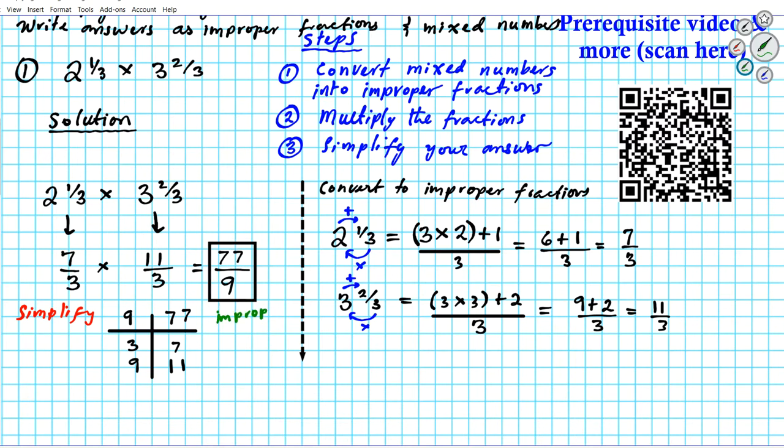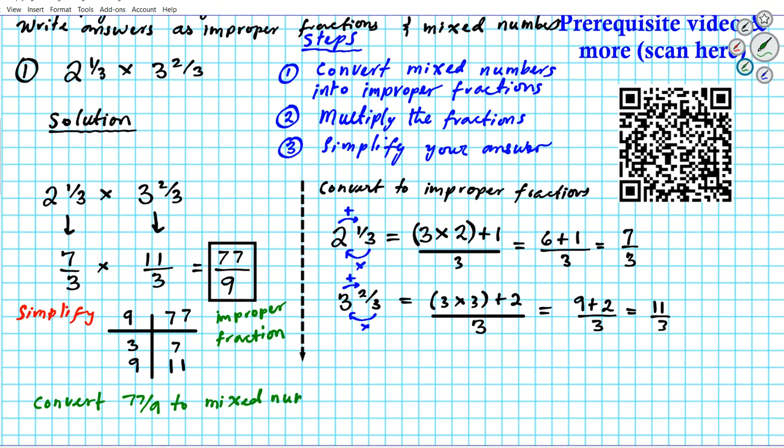But remember, the instructions told us to write the answer in improper fraction and what? Mixed numbers. So now we're going to convert to mixed numbers. Let's do that. Convert 77 over 9 to mixed numbers.